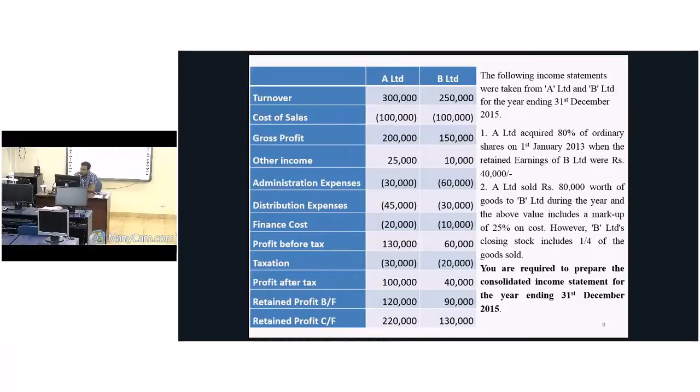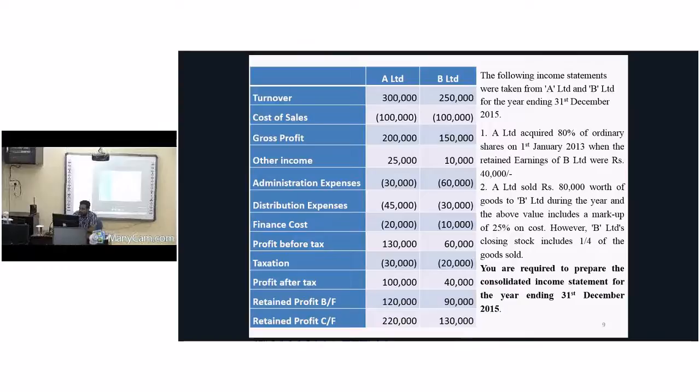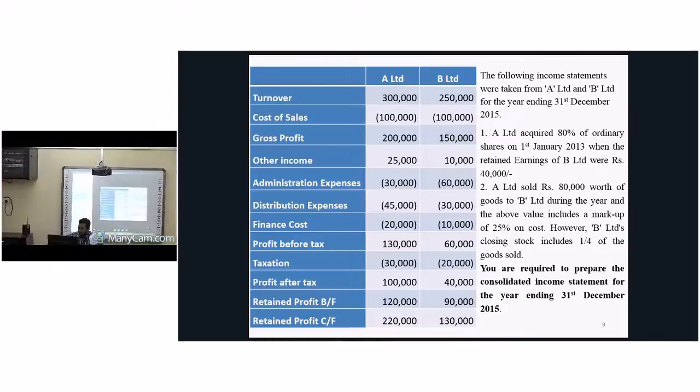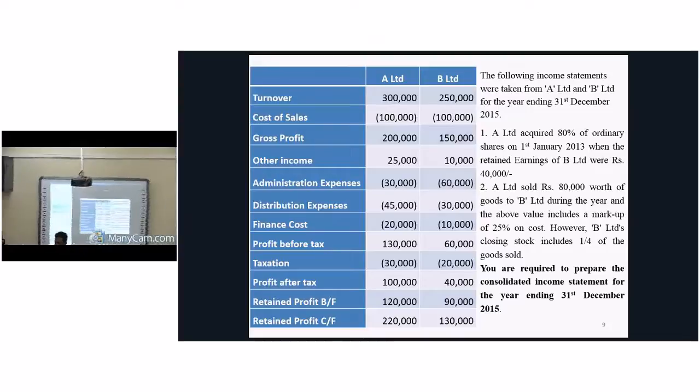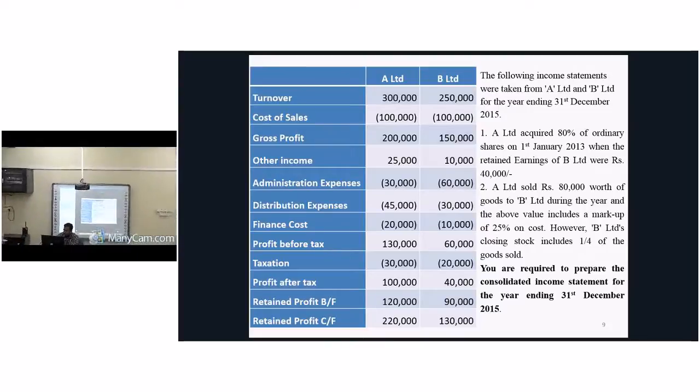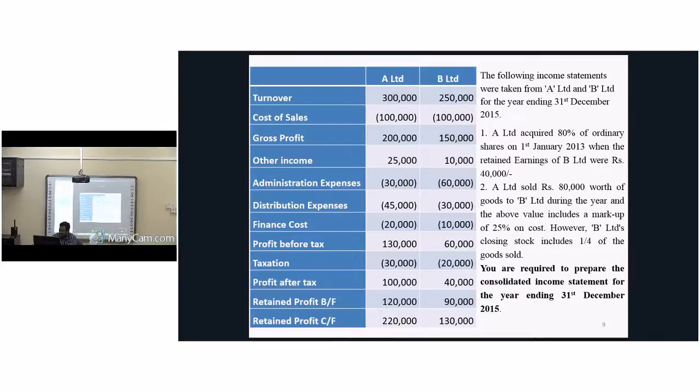Just see this question. Income statement is given as at 31st December 15. A Limited purchased 80% of shares in the subsidiary B Limited on 1st January 2013.